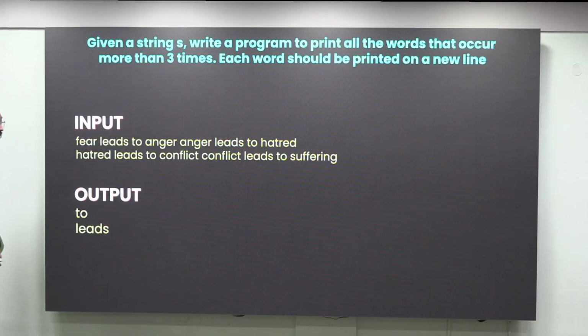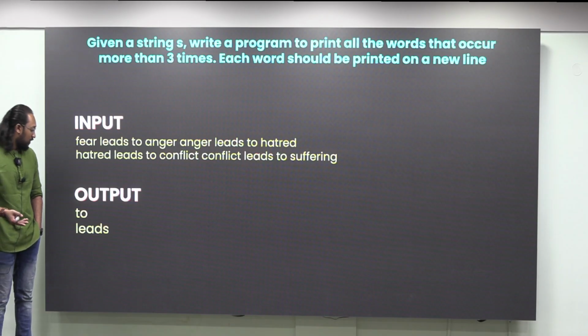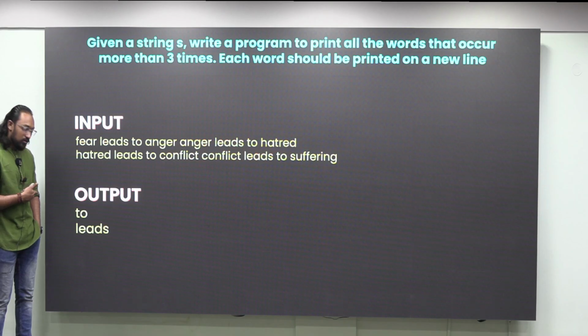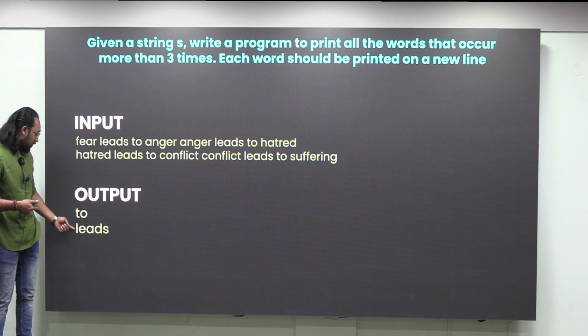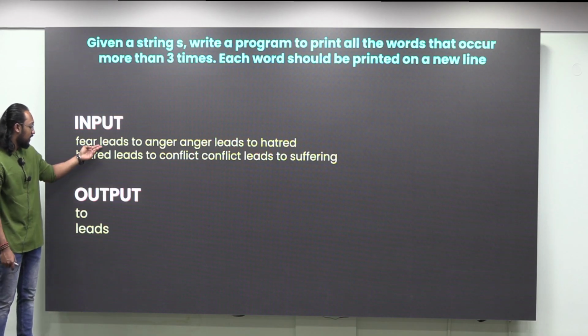Is this much clear? Again, in the question they have not mentioned any specific order. But if you observe, is the output in alphabetical order? Not alphabetical order. So will T come first or L? L. In insertion order also, leads will come first. Fine.